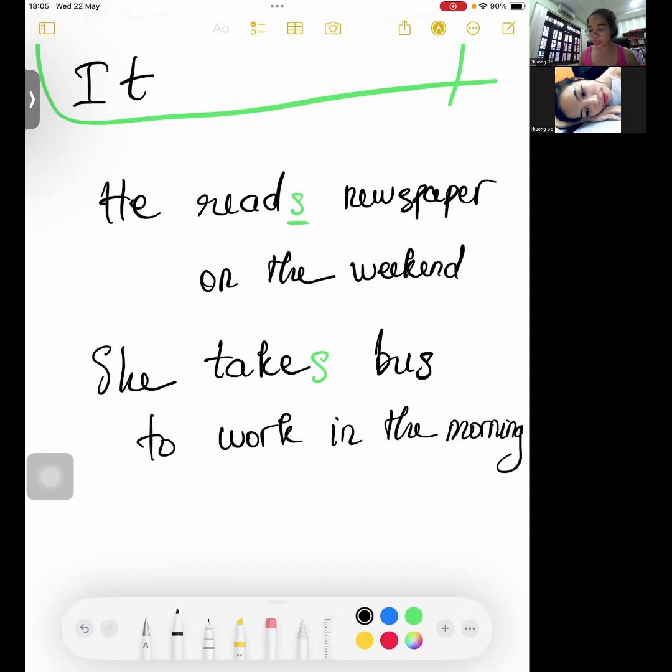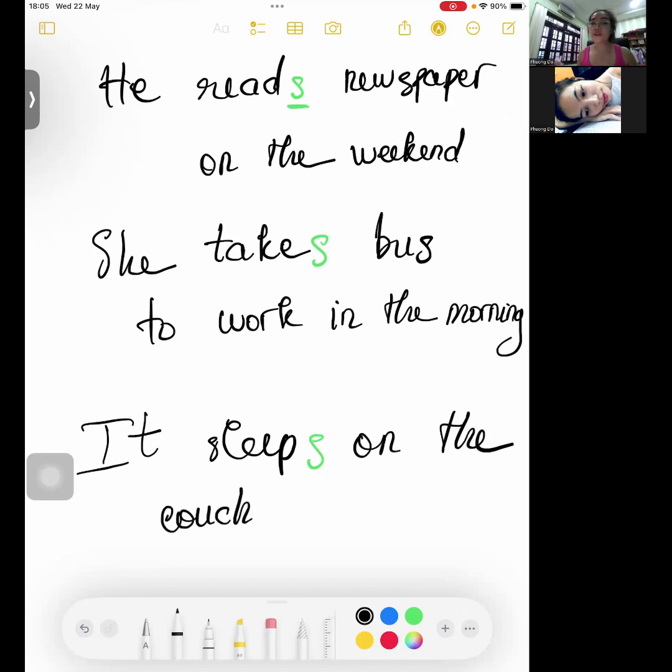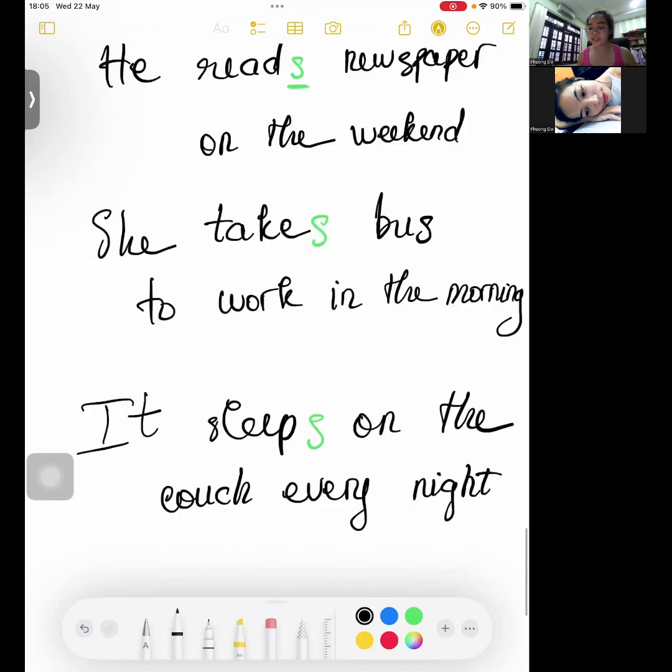And with the pronoun it: it sleeps on the couch every night. Okay, so now we have to deal with the pronouns.